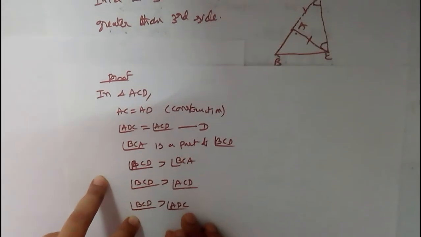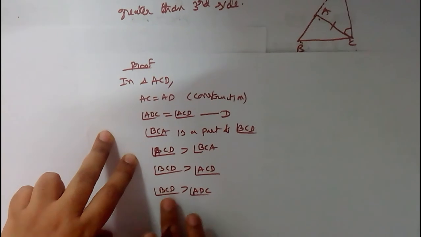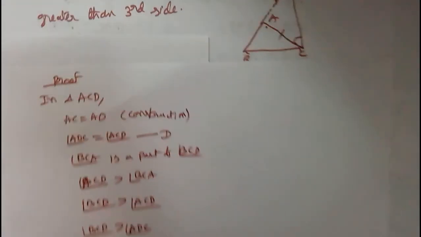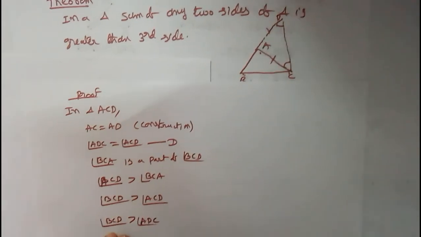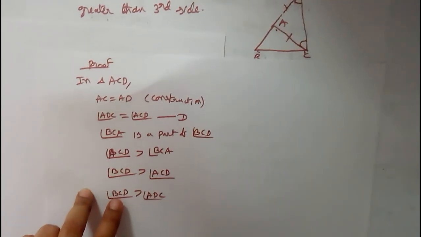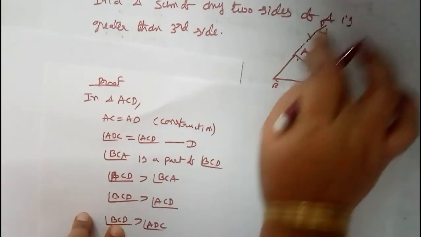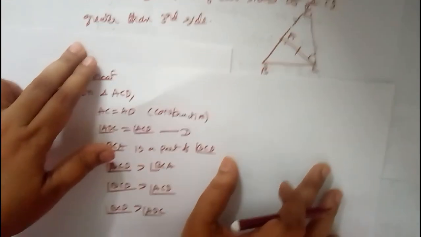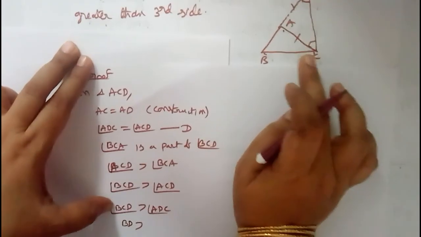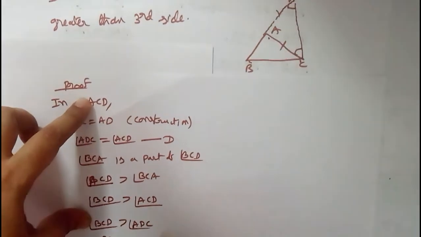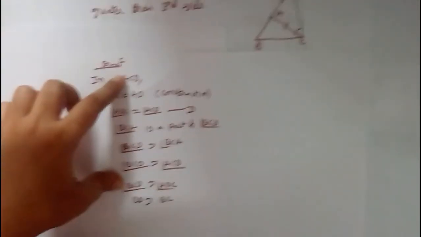From the previous theorem, in a triangle, if one angle is greater than the other angle, then the side opposite to the greater angle is the longer side. The side opposite to BCD is BD, and the side opposite to ADC is BC. So BD is greater than BC.